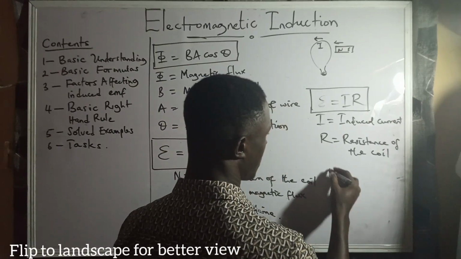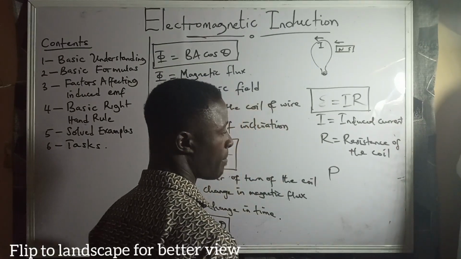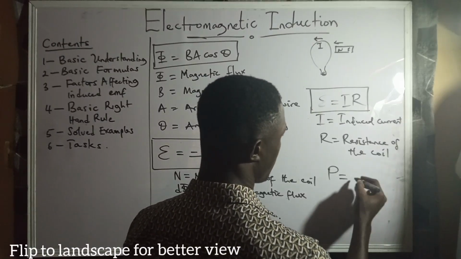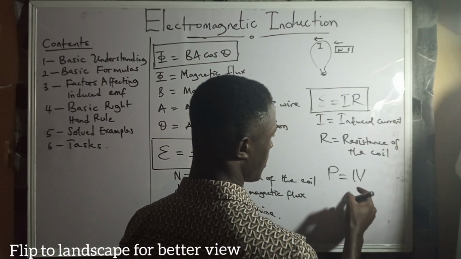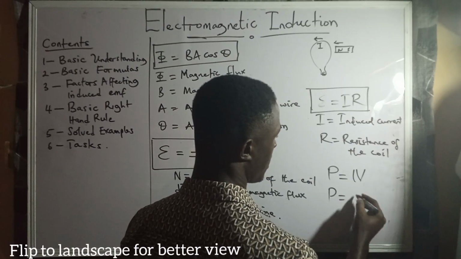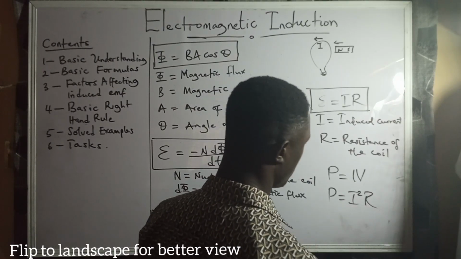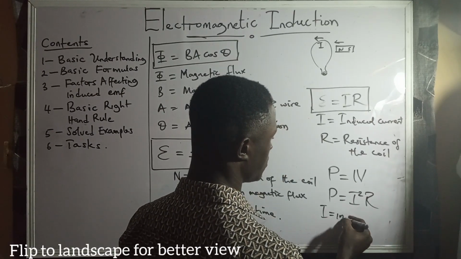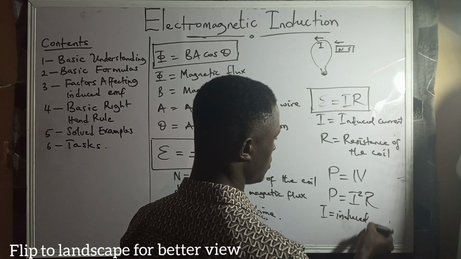Also, let me add this. You might be asked to calculate the power generated in the coil. Power can be IV or I squared R. I is the induced current, which you already know.